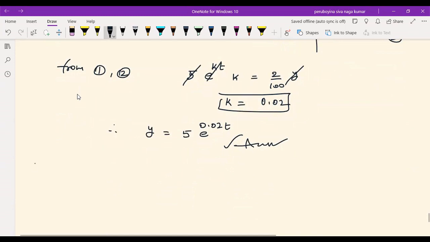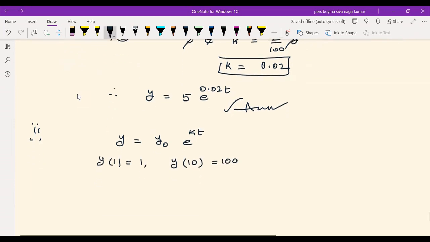So the second question we will solve. Okay. Second question. Again take y is equal to y naught into e power kt. Okay. So there are two different conditions they mentioned. They said y of 1 is equal to 1 and y of 10 is equal to 100.